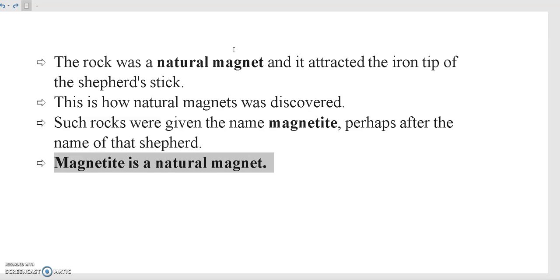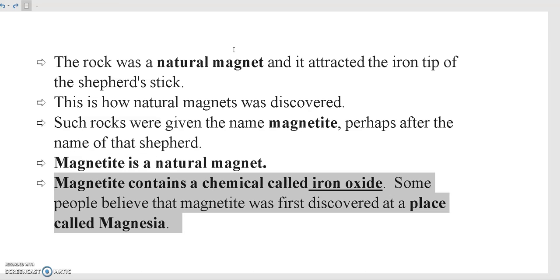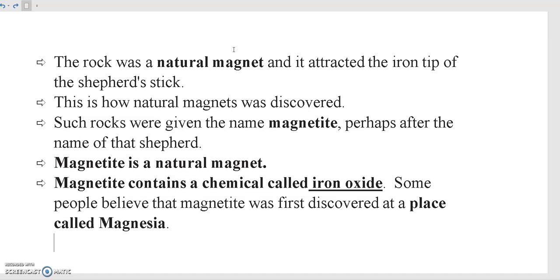Magnetite contains a chemical called iron oxide. Some people also believe that magnetite was first discovered at a place called Magnesia, and that's why it has this name. So this is how magnetite was found.